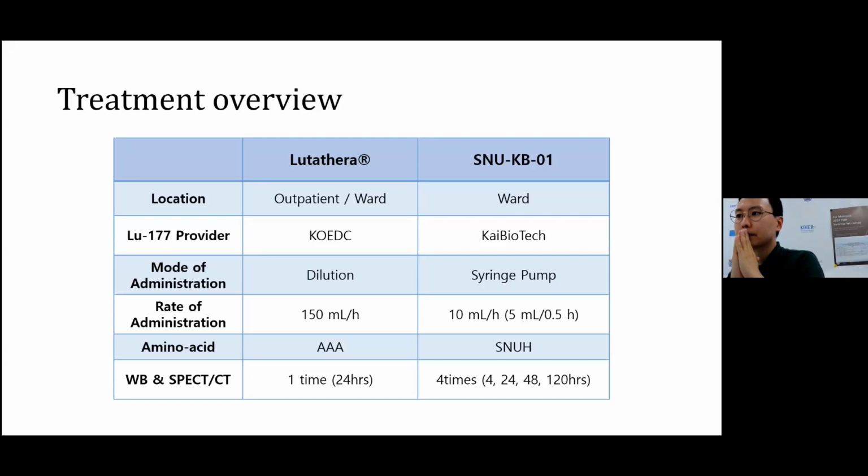I'm asking because, as you know, the NETTER-1 and NETTER-2 trials considered DOTATATE as a last treatment option, where the patient has gone through multiple treatments and has been given long-acting octreotide therapy.